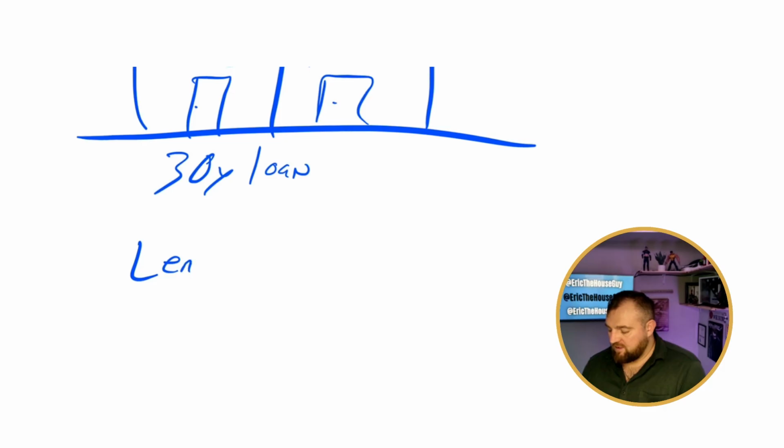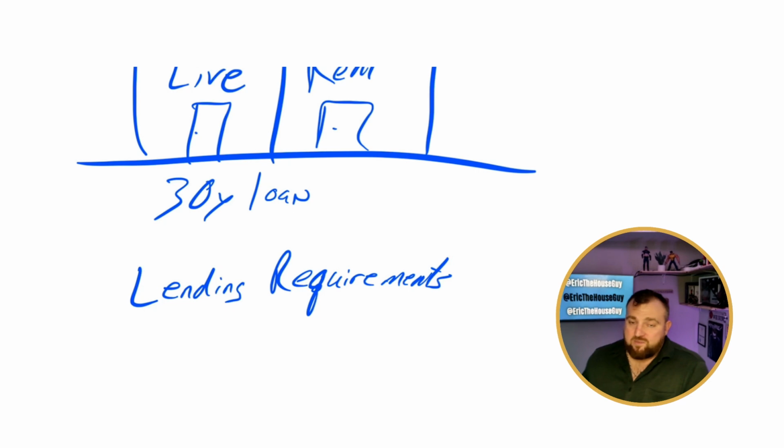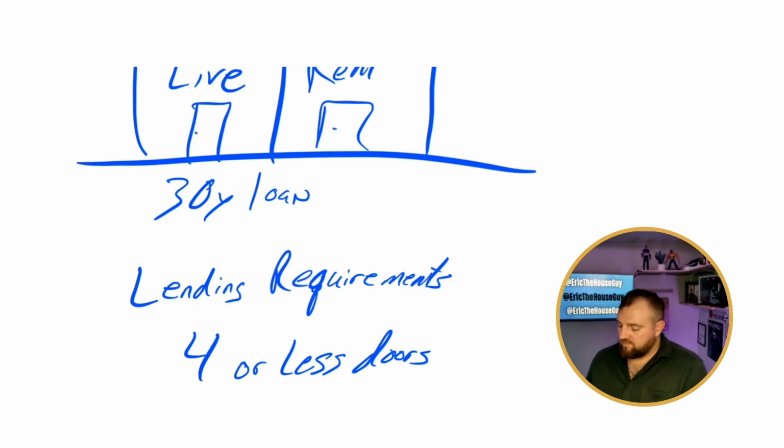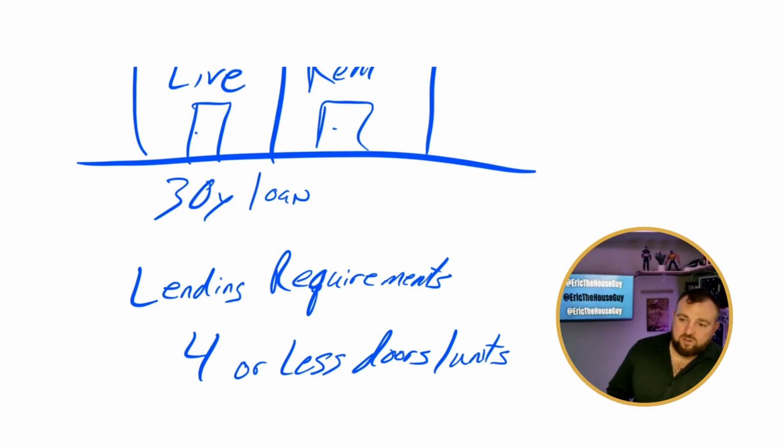You have lending requirements, and the lending requirements will require the property to have 4 or less doors or units. And then we can get a regular conventional loan.